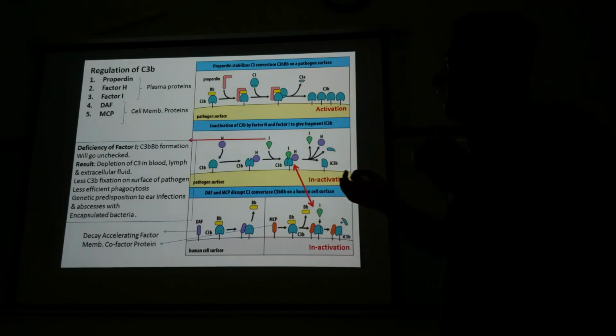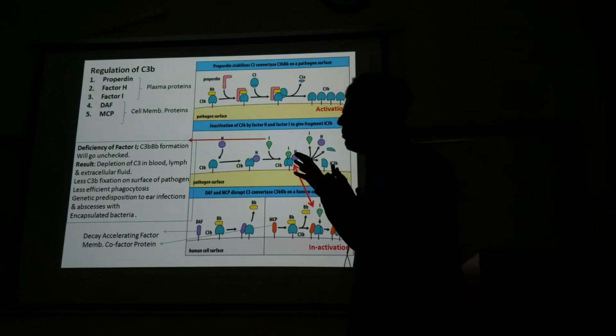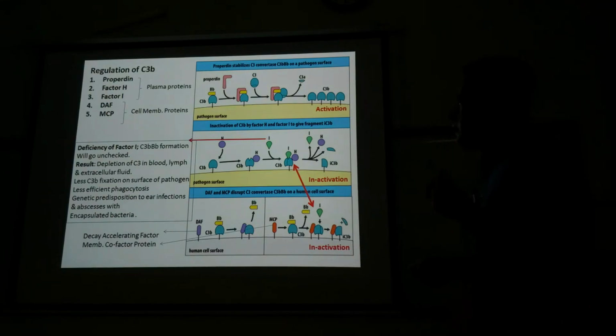And how the body is dealing with that situation: the body is fixing more and more C3b on these encapsulated bacteria in order to mark them or cover them, to be taken up by phagocytes.